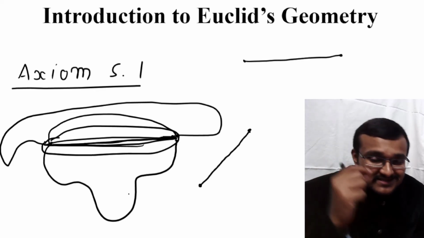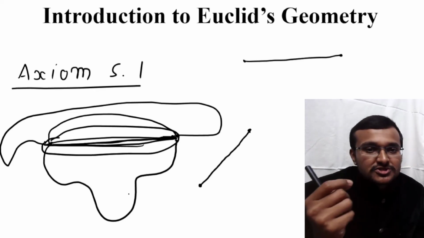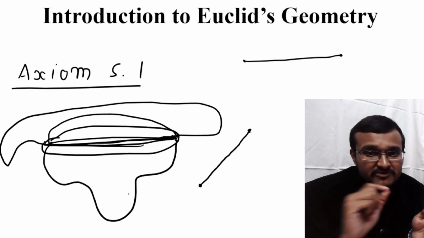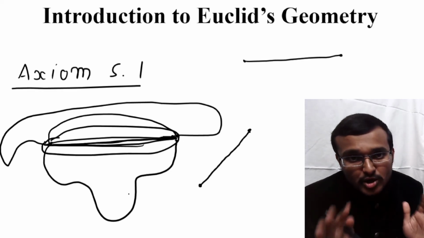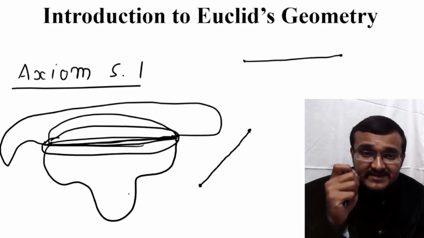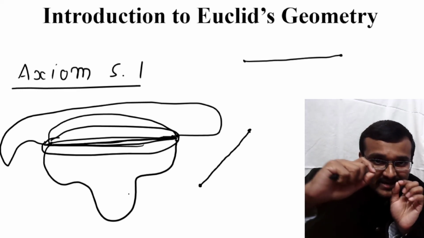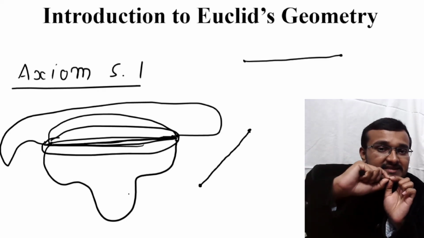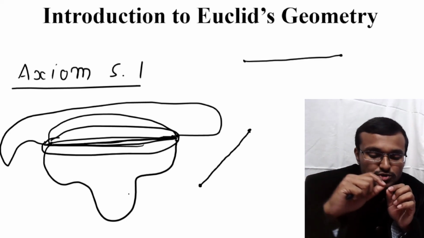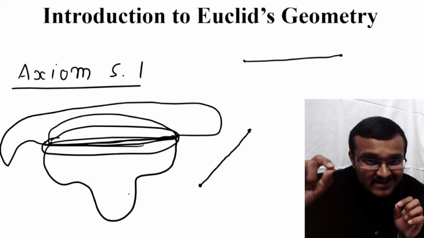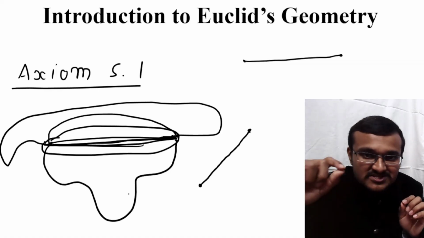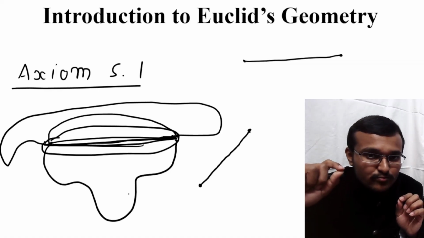So that's why this is the axiom of postulate 1. In postulate 1, we say that a straight line can be drawn between two different points in space. In axiom 5.1, we discussed that if you already have two different points, then there exists only one unique straight line between those two points.